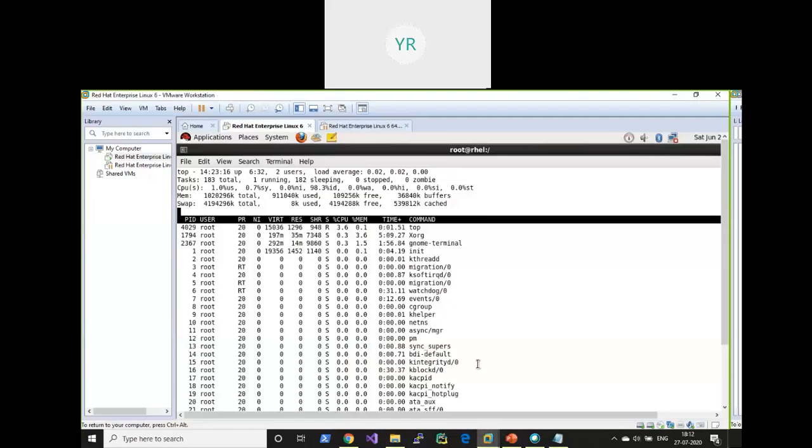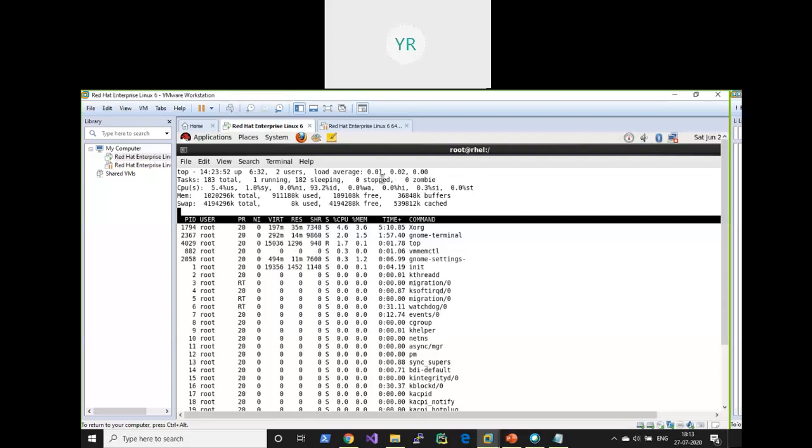Let's look here. The first field is top, this is the present time, and the system has been up since 6:32, 6 hours 32 minutes. Next, two users are presently logged in to this system. The load averages are 0.01, 0.02, 0.00.